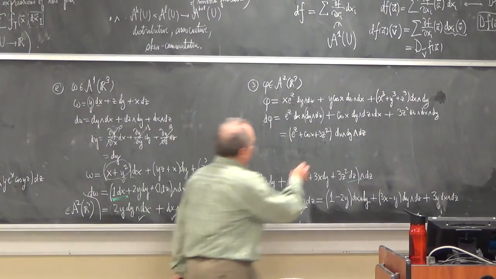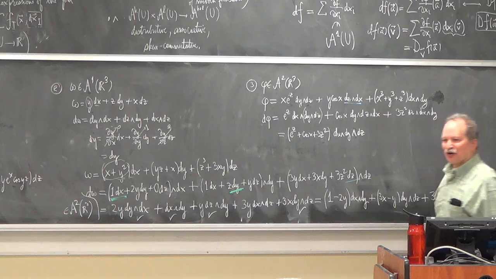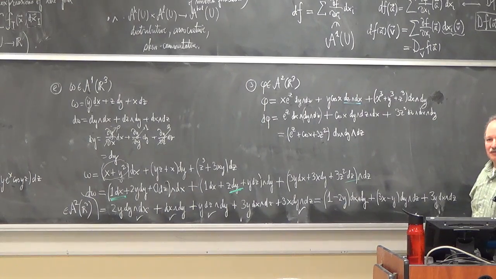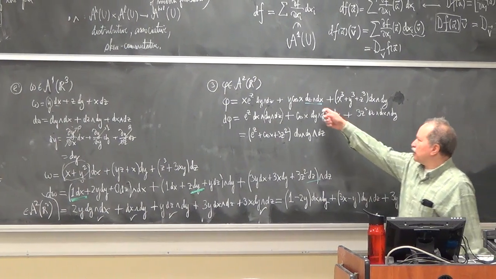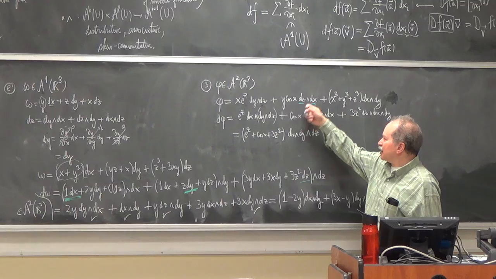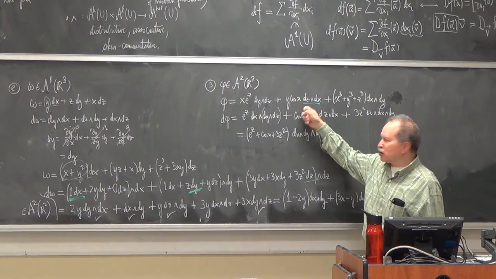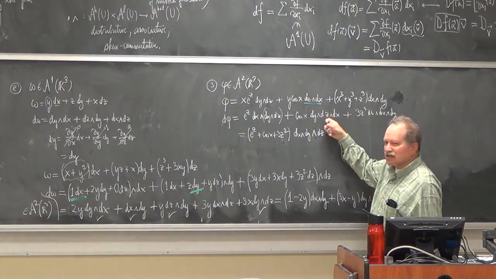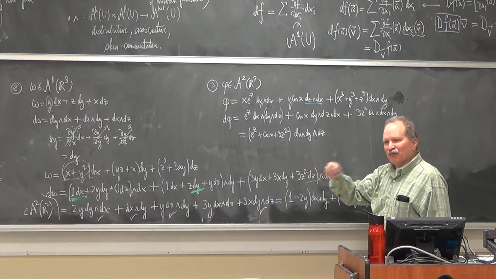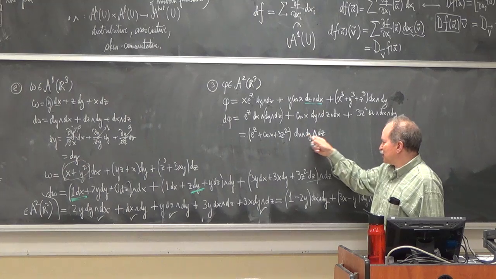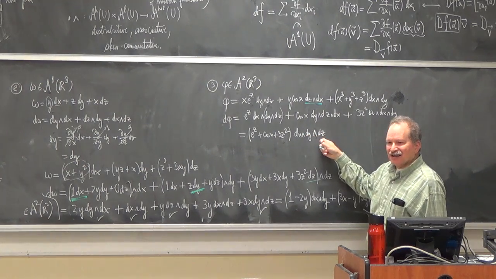I put this one not in increasing order, not in the order you expected, exactly so that when I took the y partial I would have dy wedge dz wedge dx, which would be the same sign as dx wedge dy wedge dz.